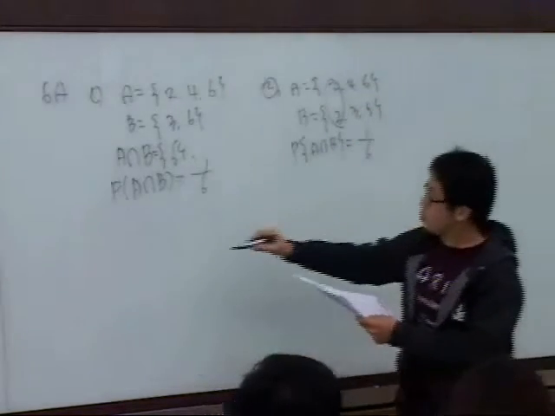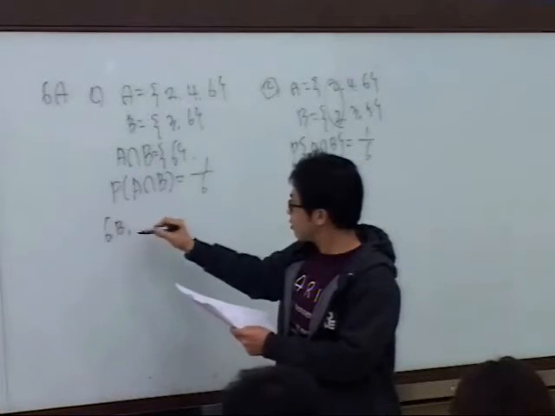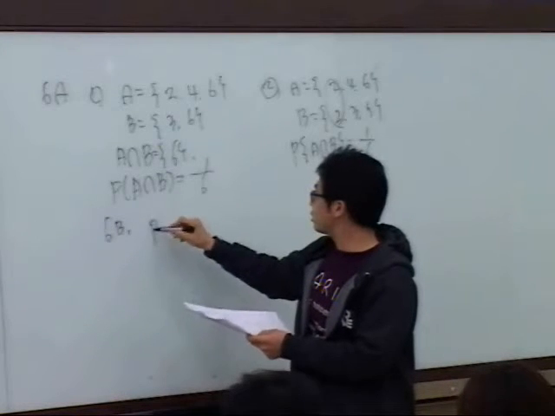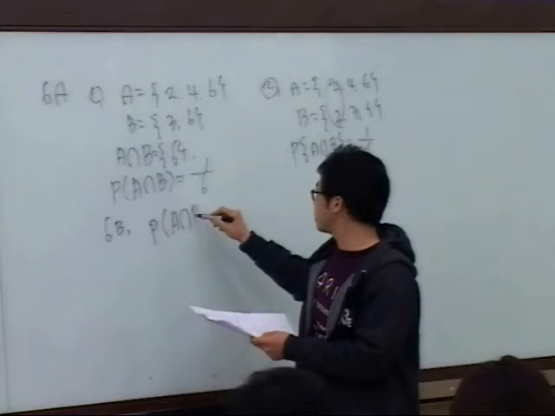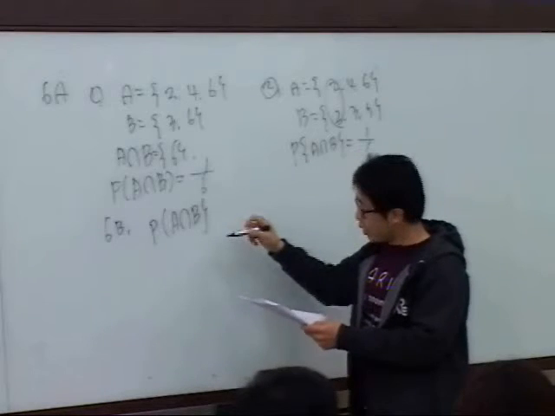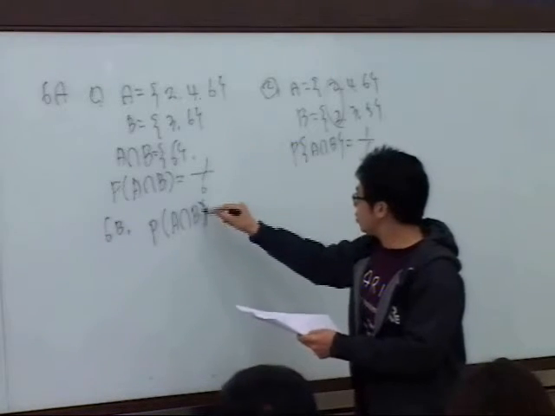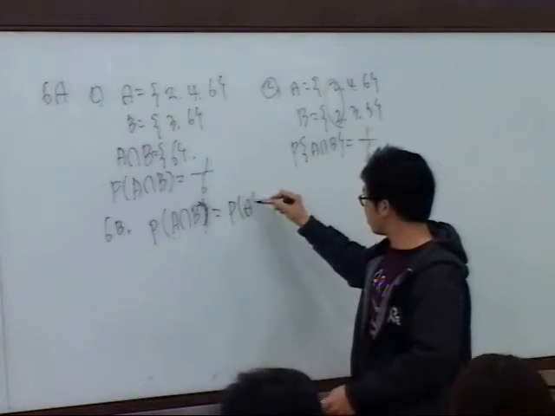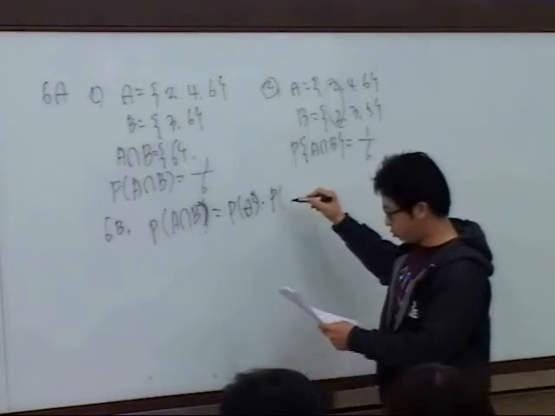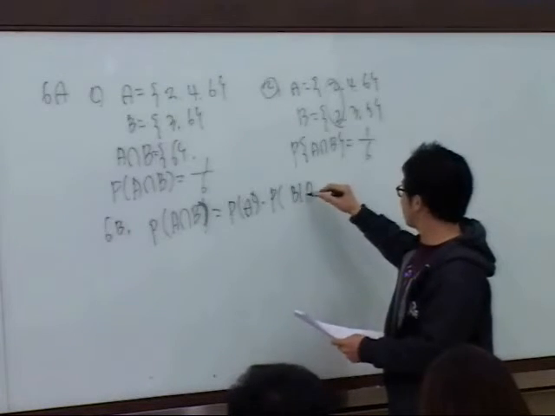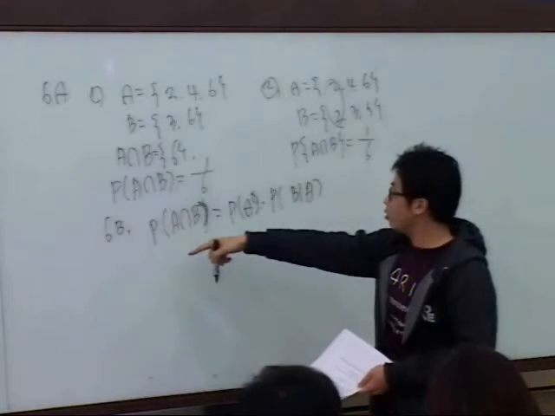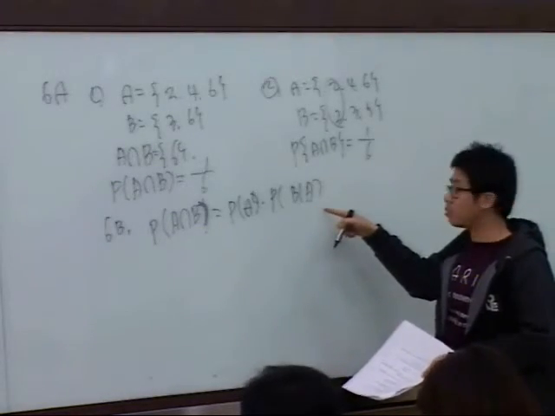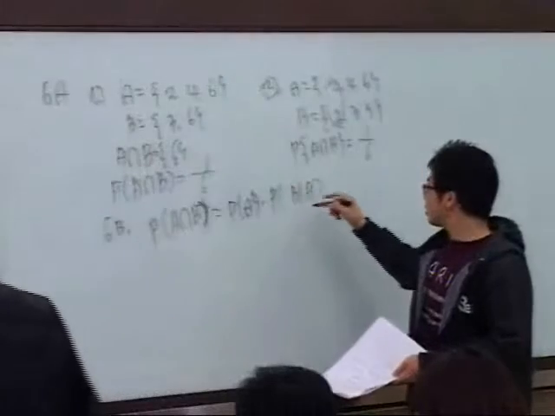And problem 6b is also asking us to find the probability of the intersection of events A and B. This is described with this equation, using a conditional probability.